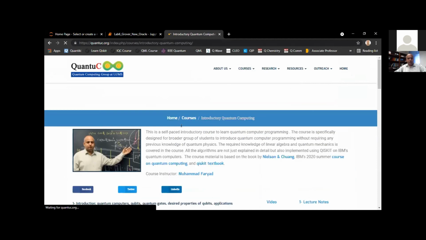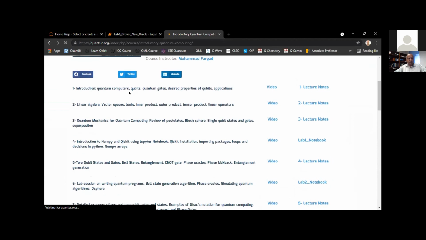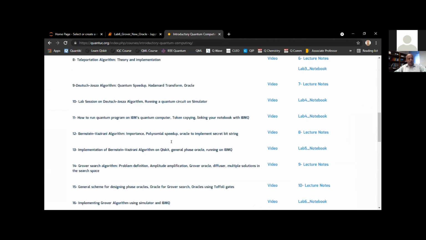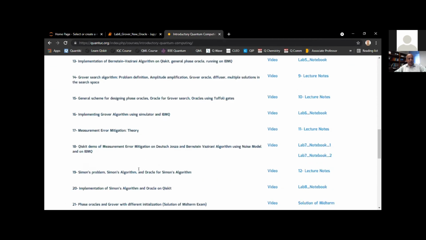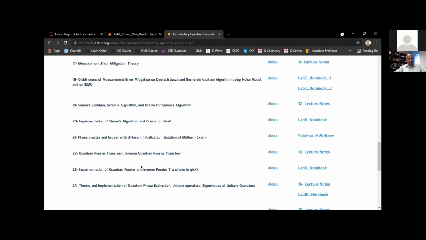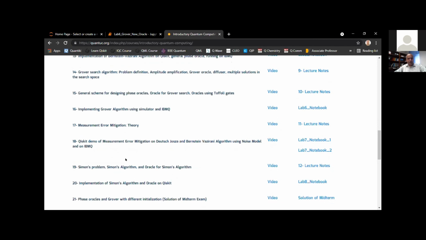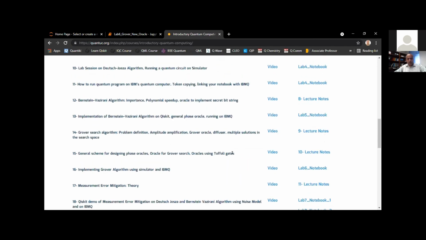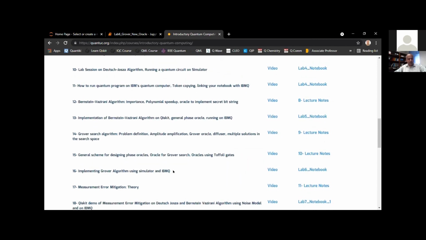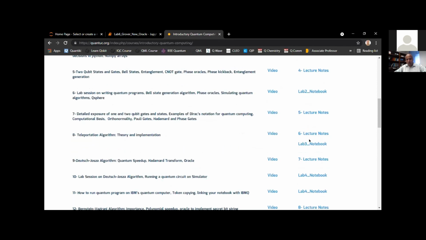Over there, you can check all the lectures all the way from the basics to advanced, like Simon algorithm, Fourier transform, phase estimation, and many other algorithms, including this Grover algorithm. I have also explained how you can run your algorithm on IBM Quantum Computer, which is provided in cloud for free. And then you have access to lecture notes and videos, but also the labs.